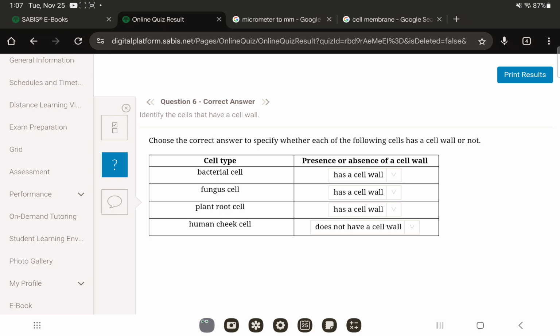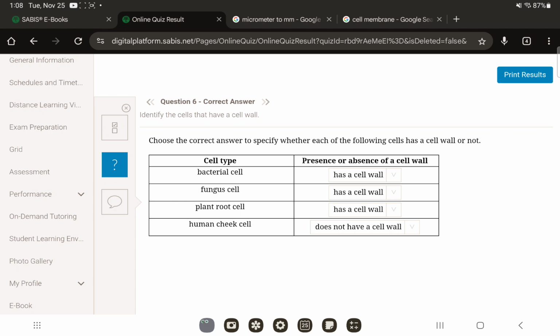Now, choose the correct answer to specify whether each of the following cells has a cell wall or not. Cell type, bacteria. Okay, so what I would do to try to memorize this is that basically animal cells and human cells don't have cell walls, but basically every other organism does.